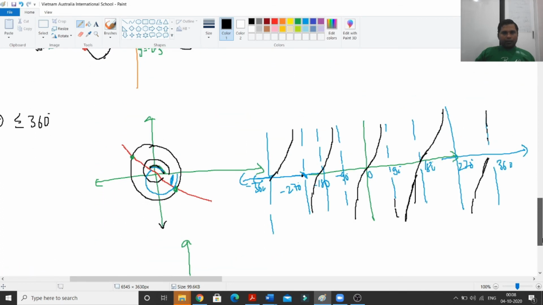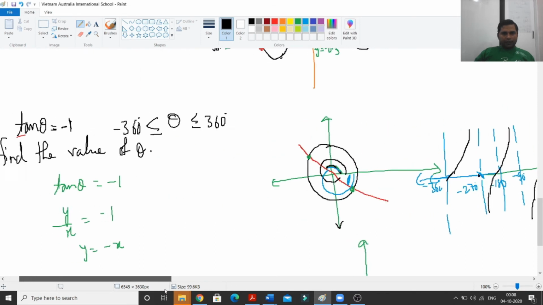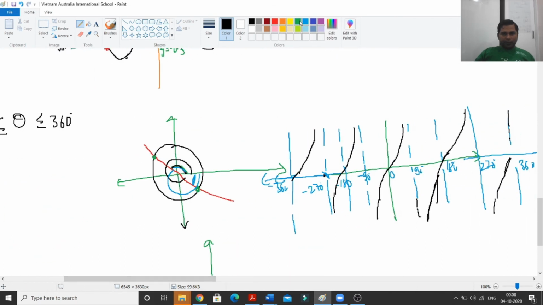Now what we are looking for is minus 1, so we can sketch y is equal to minus 1. This is our y-axis, right? So y is equal to minus 1 will be like this. We'll see how many points it intersects the curve. It is intersecting over here, here, here, and here.